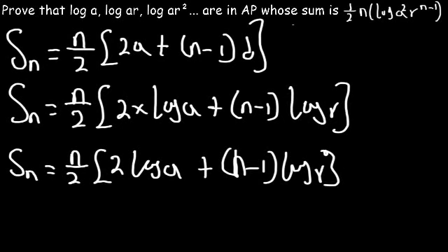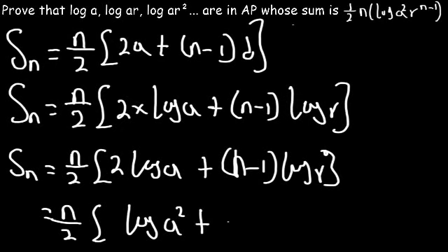then 2 log a plus n minus 1 log r. And I would like to bring this to the front and bring this up. And so I have n by 2 log of a to the power 2 plus log of r to the power n minus 1.